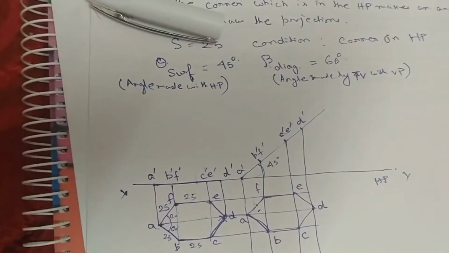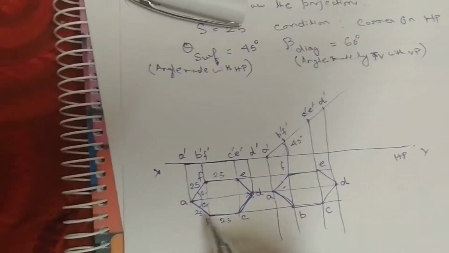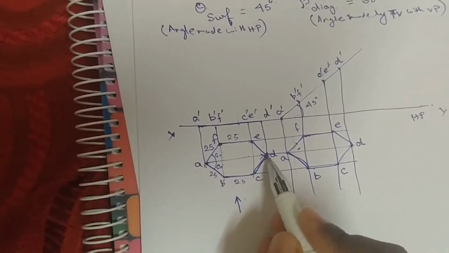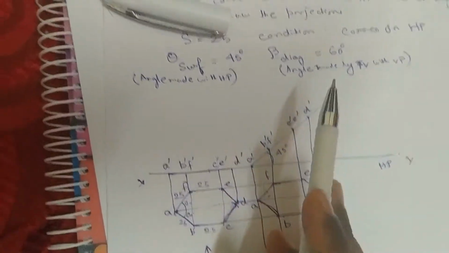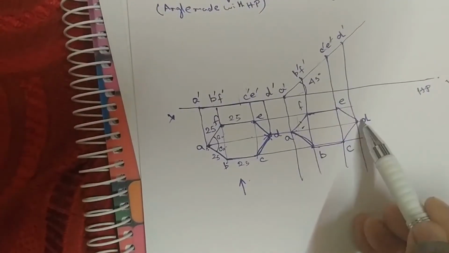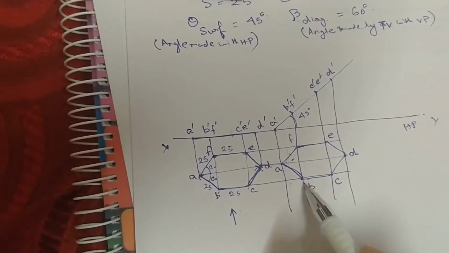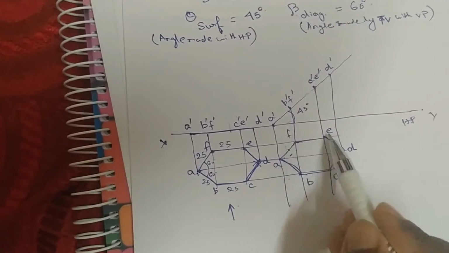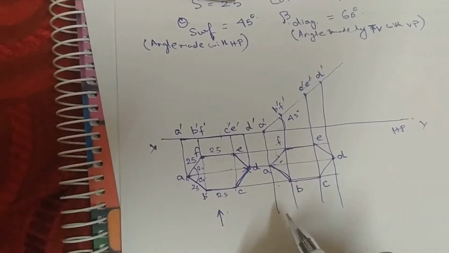After that it is saying the diagonal, meaning AD, will be inclined at 60 degrees. If AD is inclined, then BC or EF will also be inclined at 60 degrees.